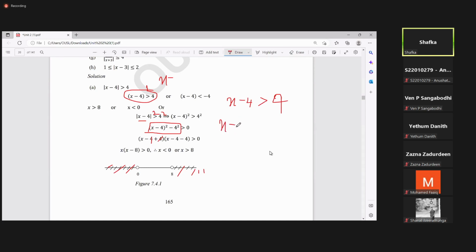I'm adding 4 to both sides in order to remove the 4 from my left hand side. These two will be cancelled out so that x is greater than 8. That's how we are getting x is greater than 8 from this step to this step. Is it clear now?